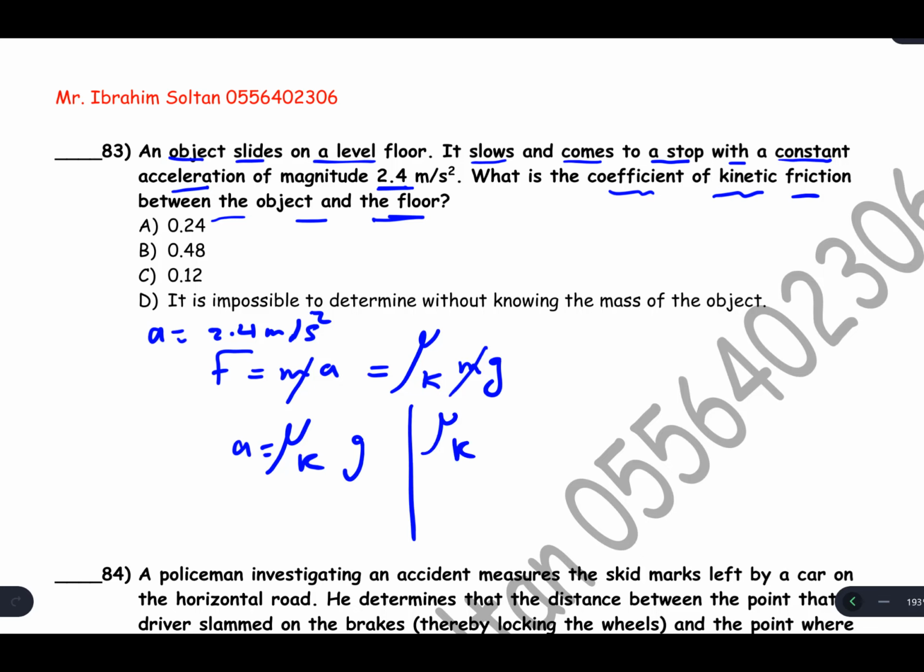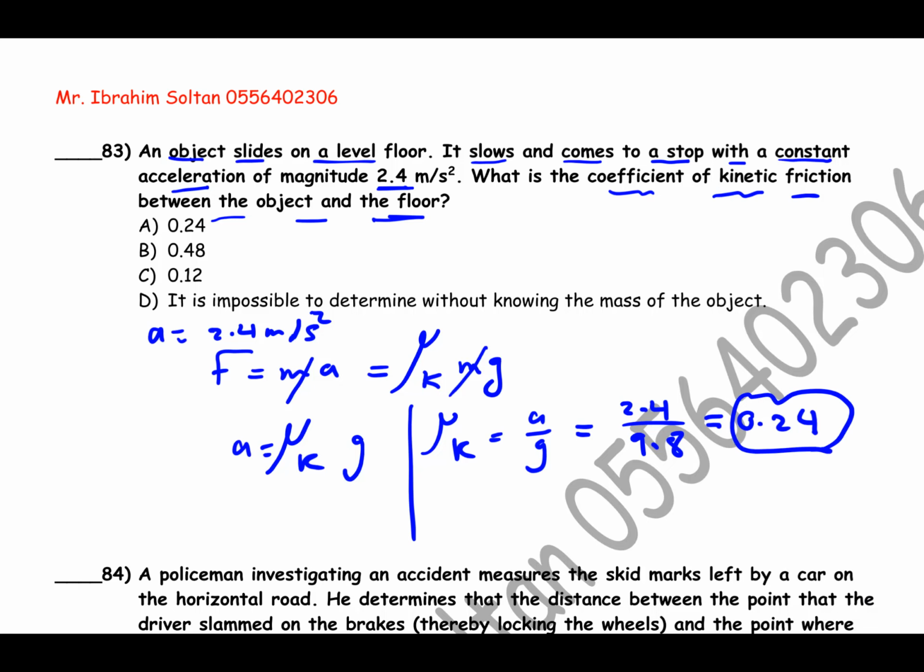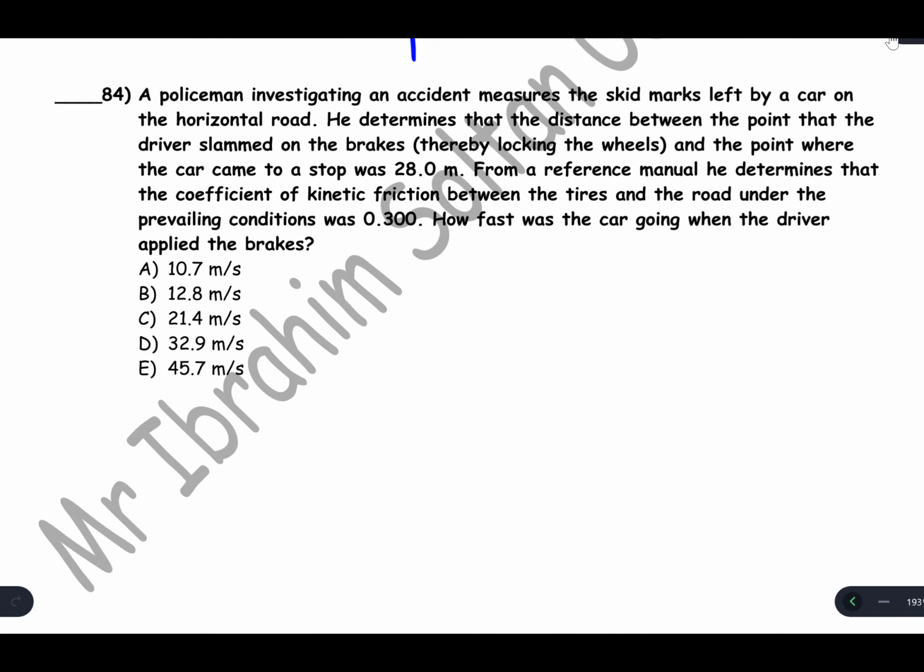So mu k, the coefficient of kinetic friction, equals a over g equals 2.4 over 9.8 equals 0.24, and it doesn't have a unit. You know that the coefficient of kinetic or static friction does not have a unit. So the answer is letter A. Let's go to the next.